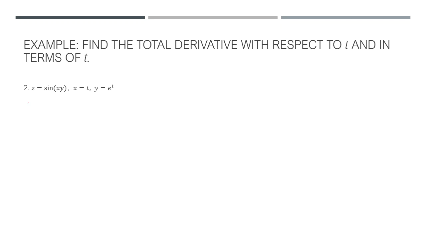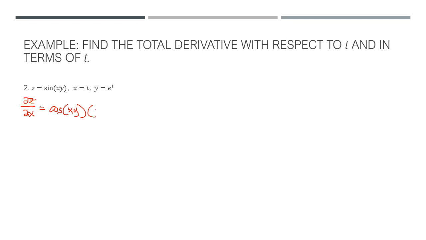Okay, so we have the next example. We have z is equivalent to sine xy, where x is equal to t and y is equivalent to e raised to t. So the same process, we still have to find the partial derivative of z with respect to x, which is the derivative of sine, which is cos xy, times the derivative of our angle xy.